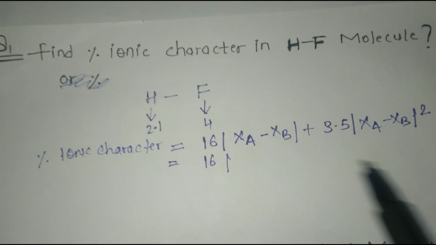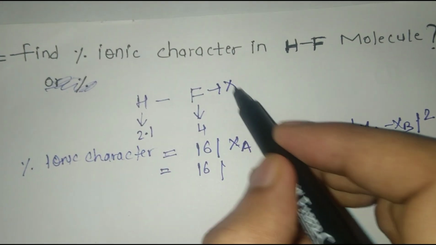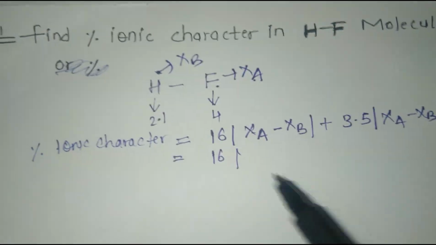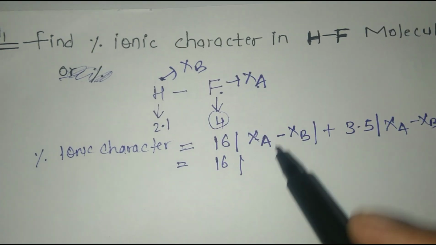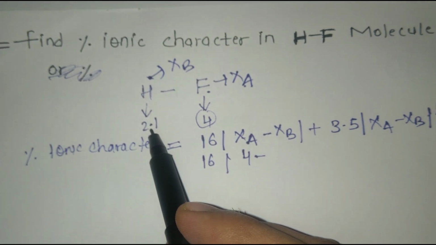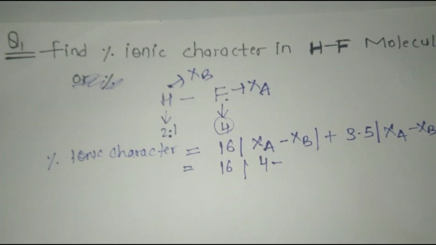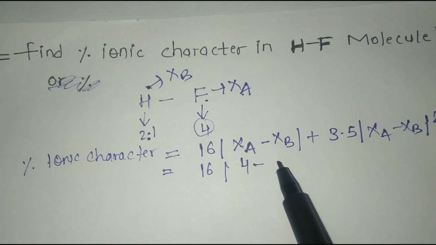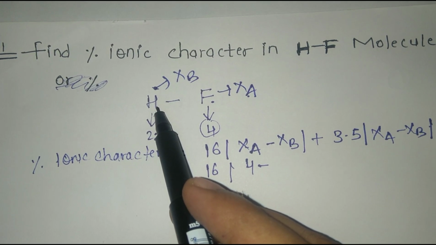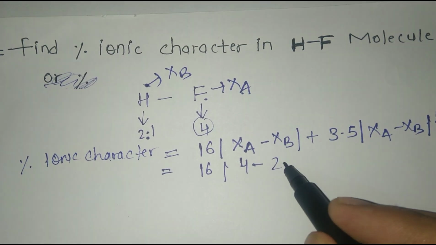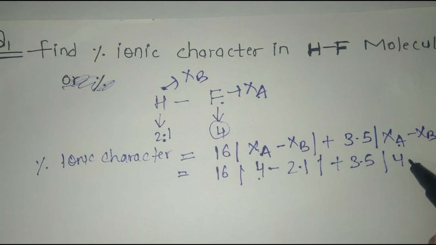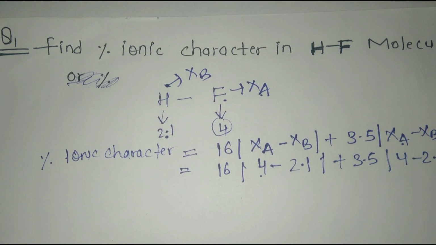If we consider fluorine as XA, its electronegativity is 4, so XA becomes 4, and XB is hydrogen, 2.1. You could also put XA as 2.1 and the answer will still be correct. So 16 mod of 4 minus 2.1 plus 3.5 mod of 4 minus 2.1 to the power 2.